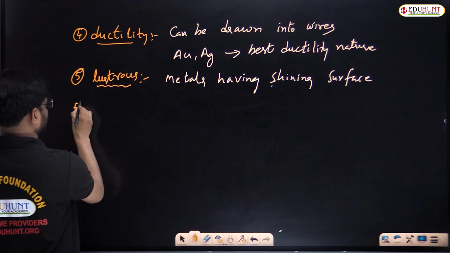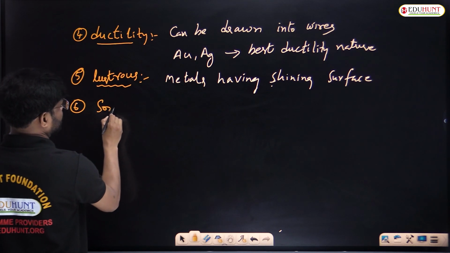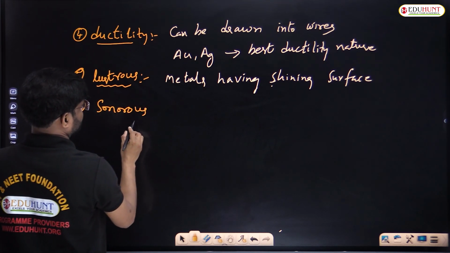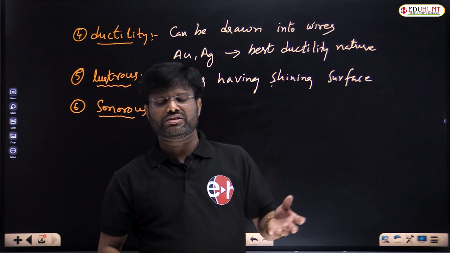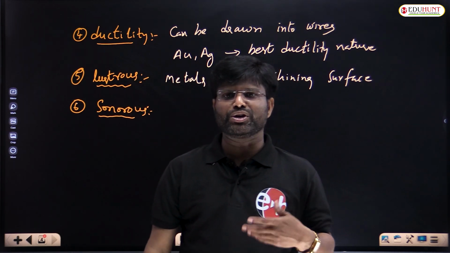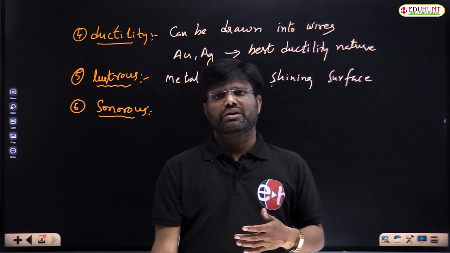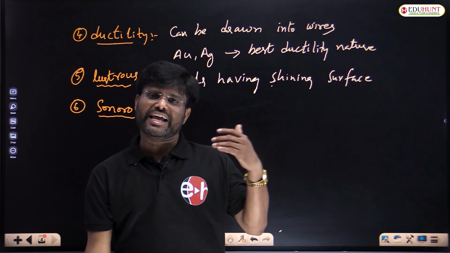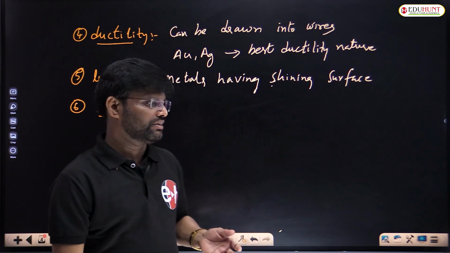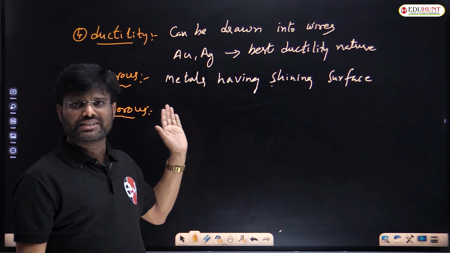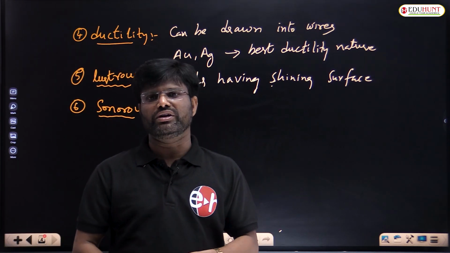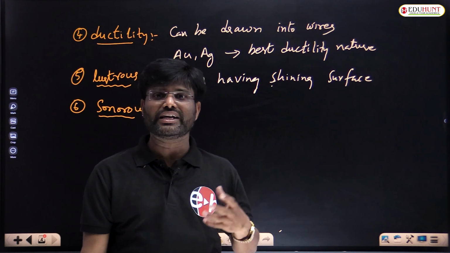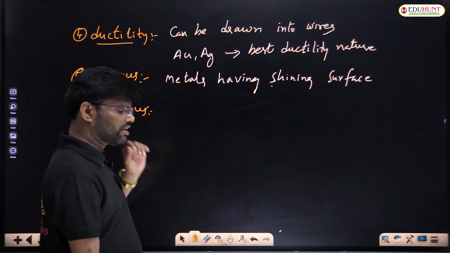Next one is sonorous nature. Most metals are sonorous. Sonorous means they produce sound. When these metals strike any hard object, they produce a ringing sound. That is called sonorous nature.